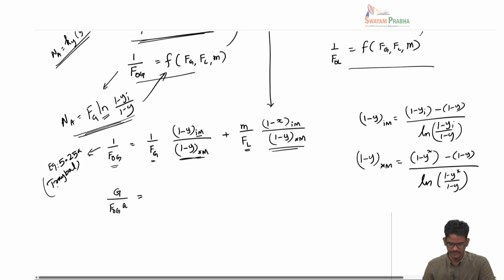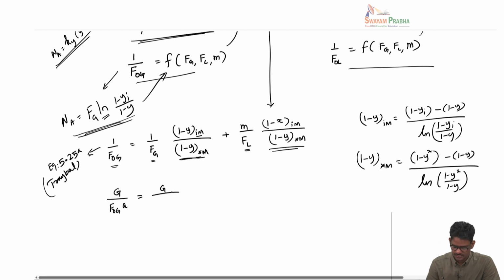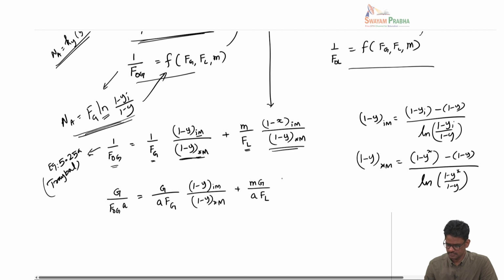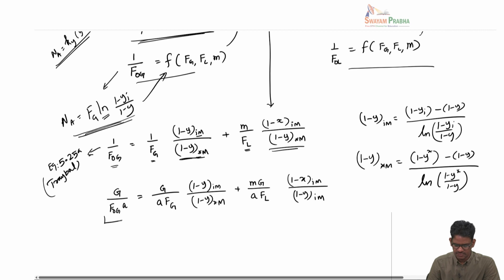So I take this expression and multiply by the term G by A. This term I can define as HTOG, the height equivalent of overall gas transfer unit.